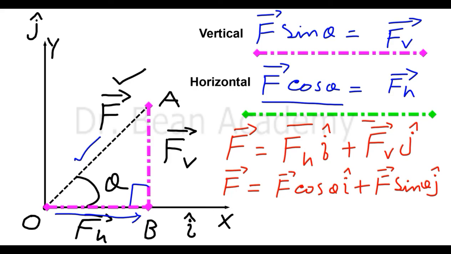We conclude from this equation that the horizontal component depends on the ratio cosine of theta. Similarly, the vertical component depends on sine of theta. Next, we should study the behavior of sine of theta and cosine of theta.